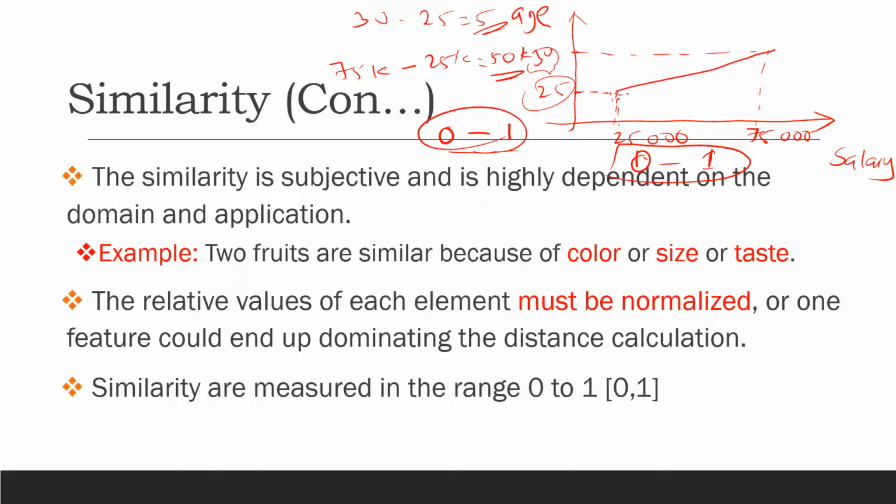So how can you calculate the distance here? This distance is 50,000. This distance is 5. So you need to apply the Pythagoras theorem to find the distance. A squared plus B squared is equal to C squared.